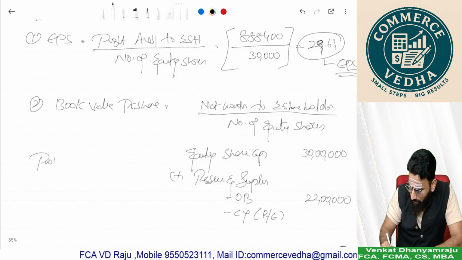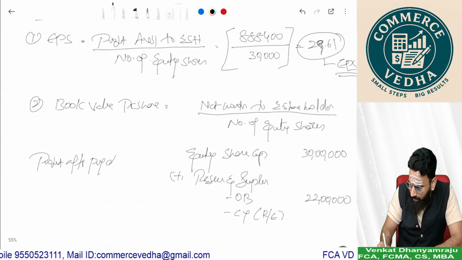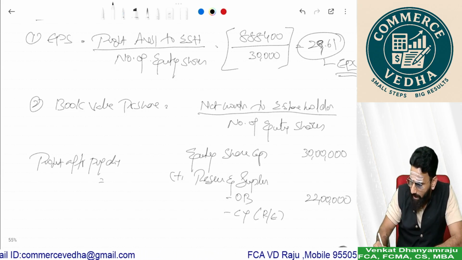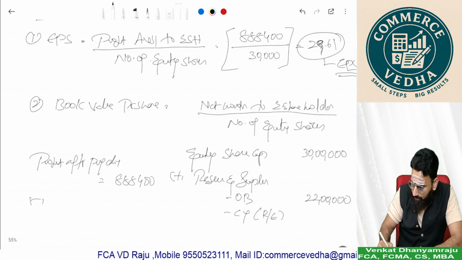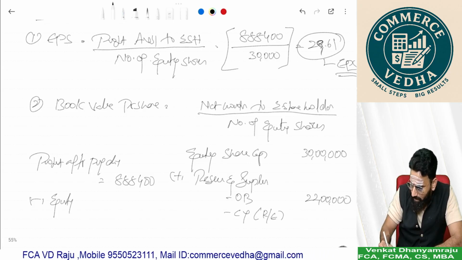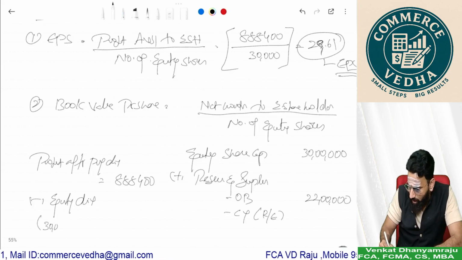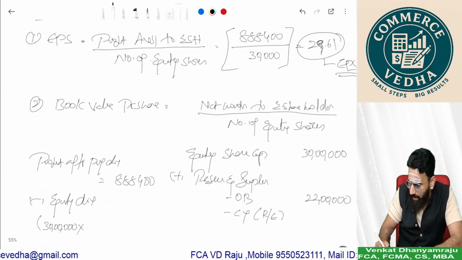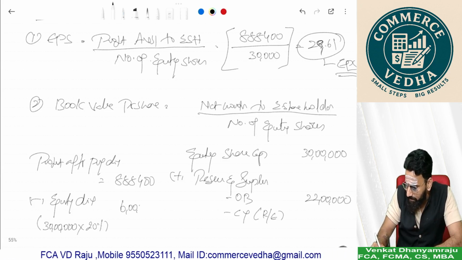Profit after preference dividend is 8,88,400 less equity dividend. How much equity dividend? On 30 lakhs, they declared 20%, that is 6 lakhs.